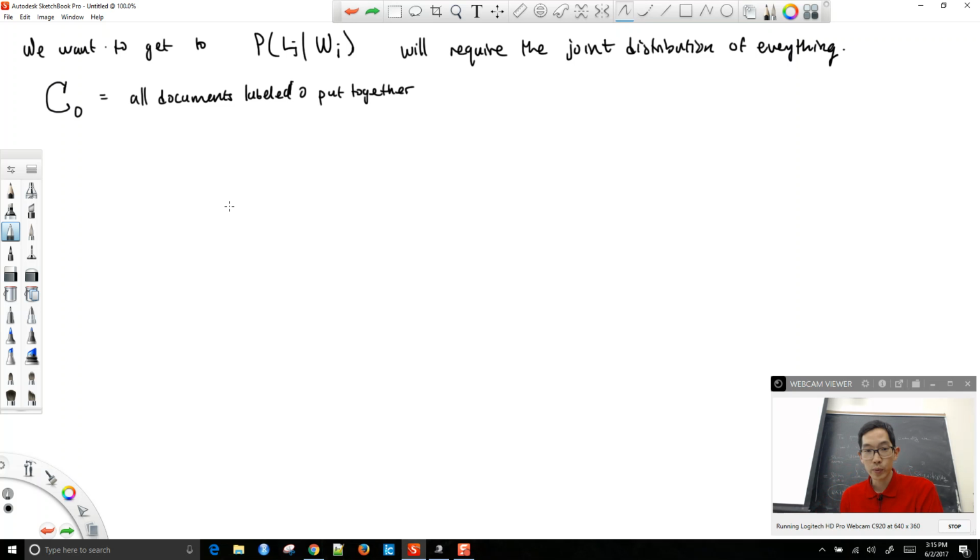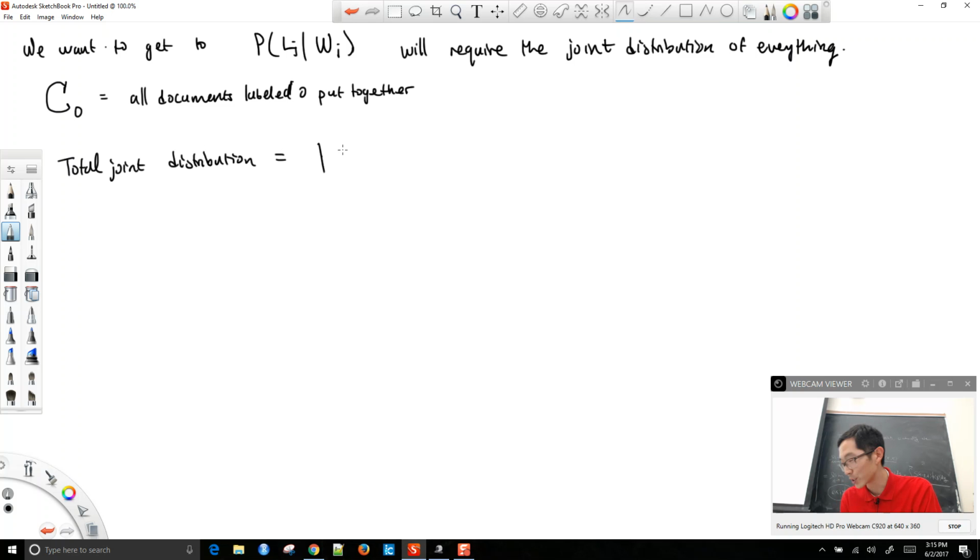So what we want is the total joint distribution of all of our documents together, for the entire document collection. This is just going to be all of our letters together.